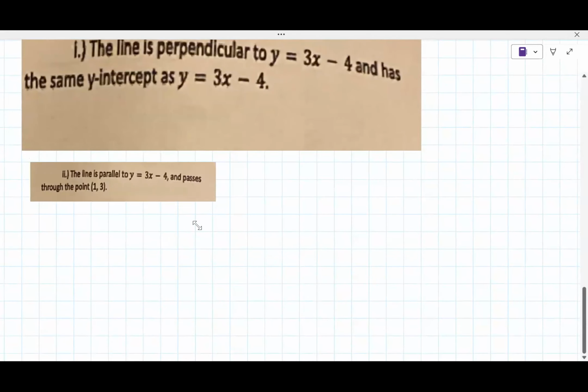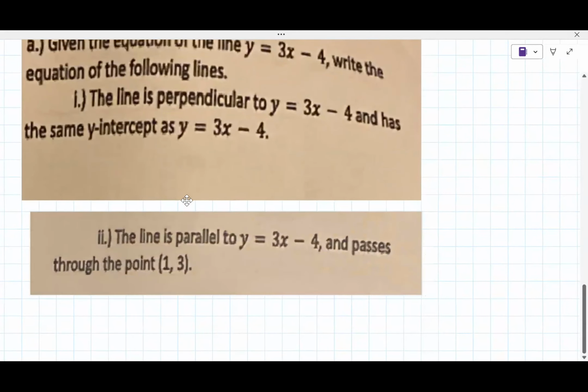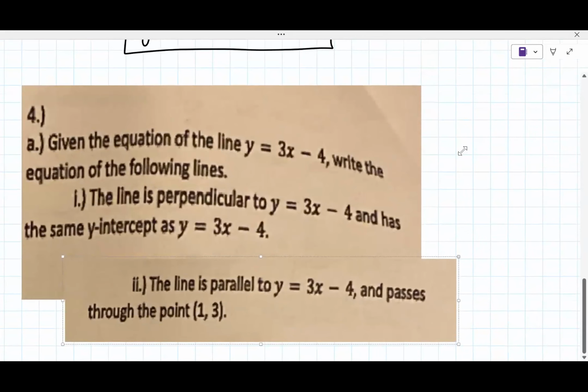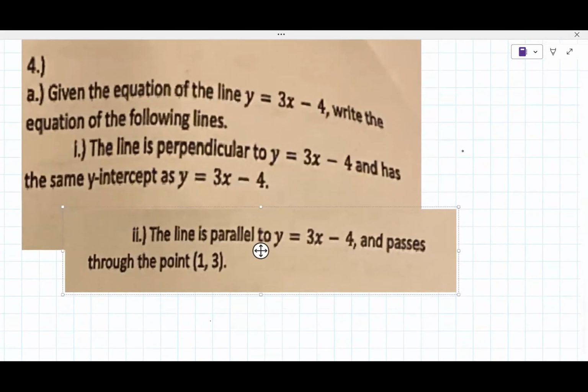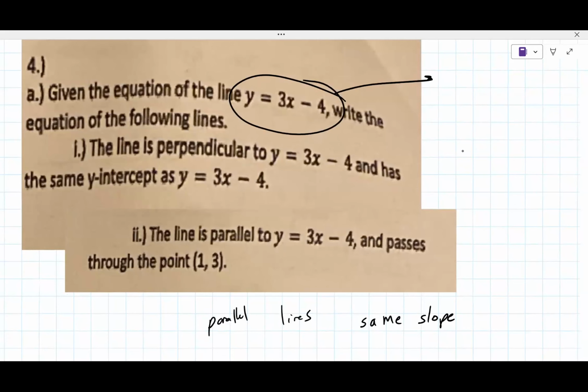What do you remember about parallel lines? Well, I know parallel lines, they're like hamburger lines. They have the same slope. All right. So when you look at this equation up here, what is the slope?